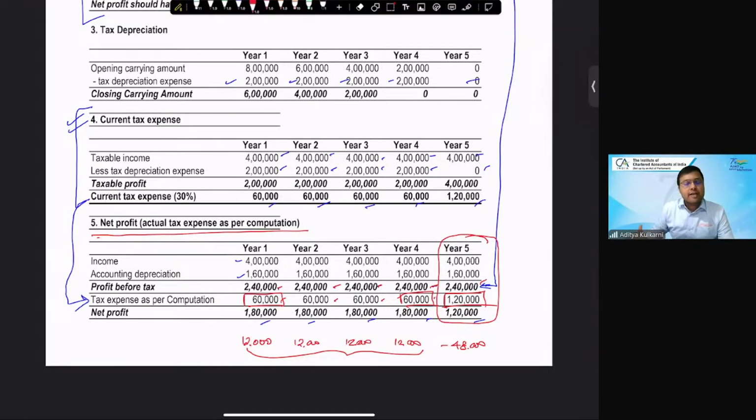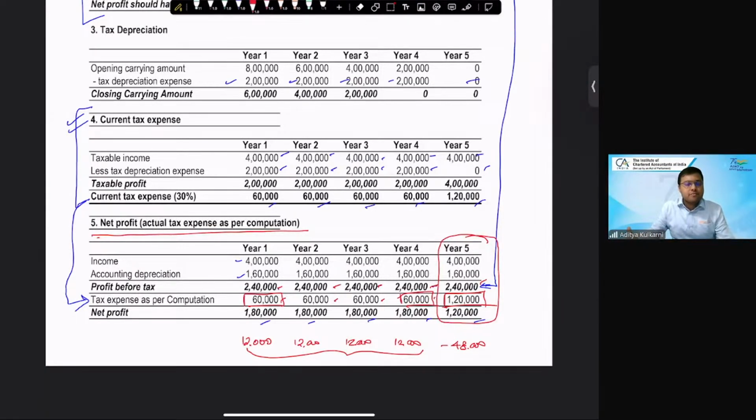is there actually a tax saving that is happening? If I look at all the 5 years, is there any tax saving, or is it that whatever income I have earned over the 5 years, tax also is paid over those 5 years, and on a 5 year basis, the tax expense is correctly calculated? Can I make this conclusion?